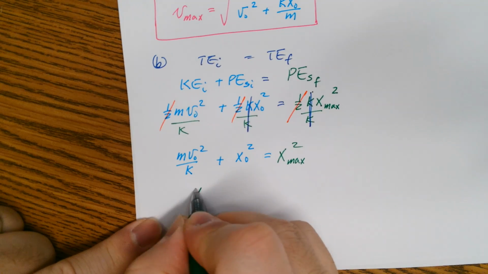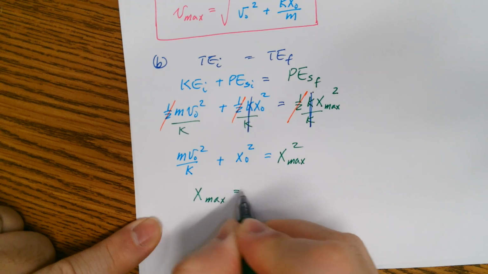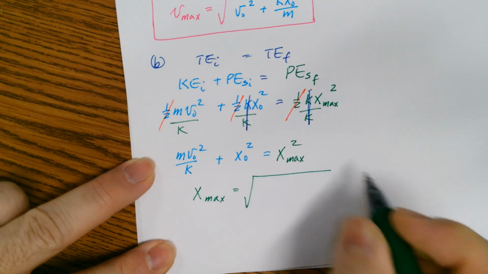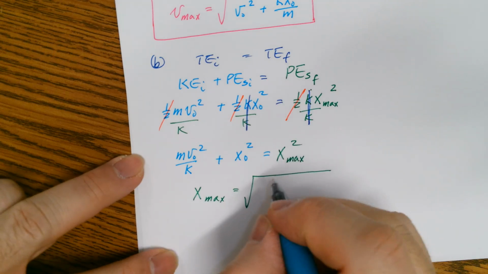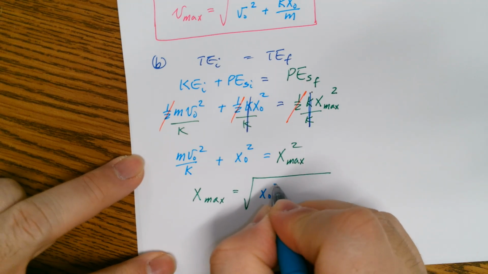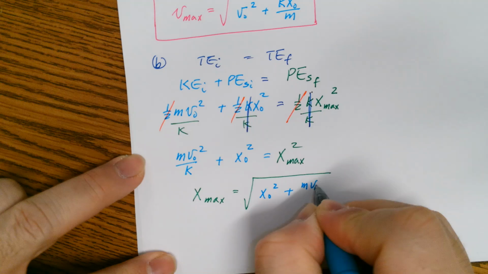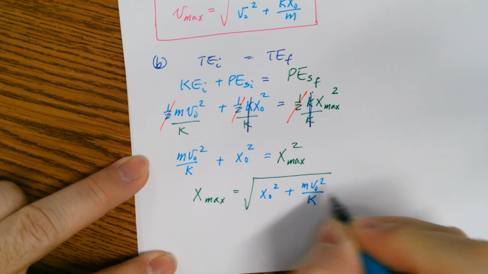If I square root both sides, I get my x max is equal to the square root of x naught squared plus m v naught squared over k.